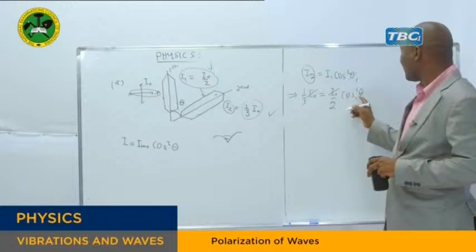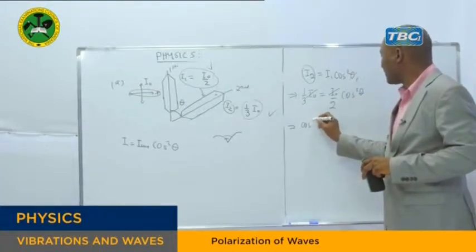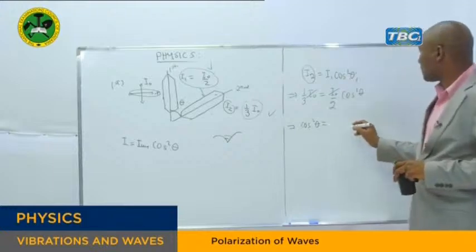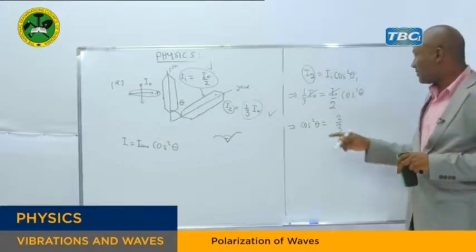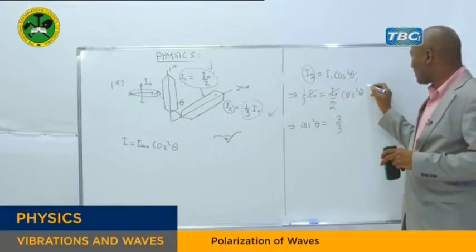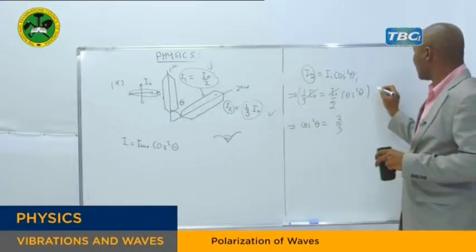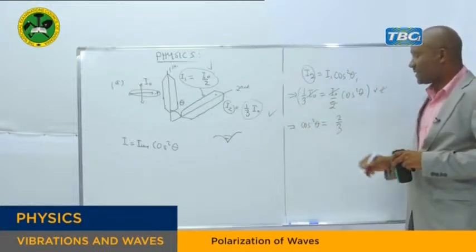If you make cosine squared of this angle the subject, this equals 2/3. I multiply by 2 on both sides, so this 2 will cancel out, and this will be 2/3.